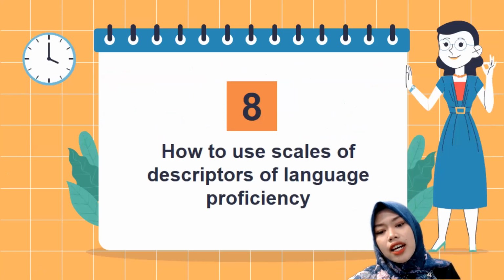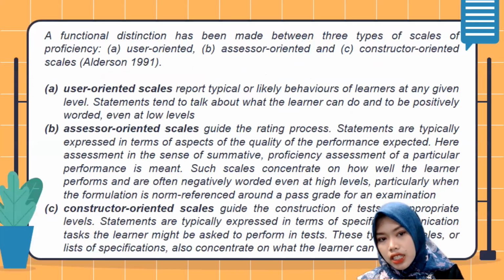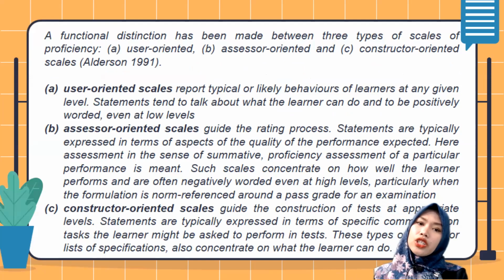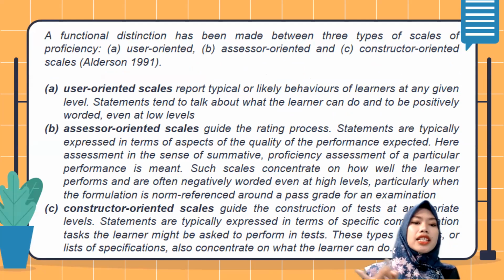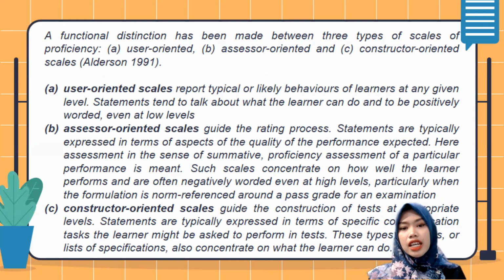And number 8, how to use scales of descriptors of language proficiency. Okay? A functional distinction has been made between three types of scales of proficiency. The first is user-oriented scales. The second is assessor-oriented scales, and the third is constructor-oriented scales.